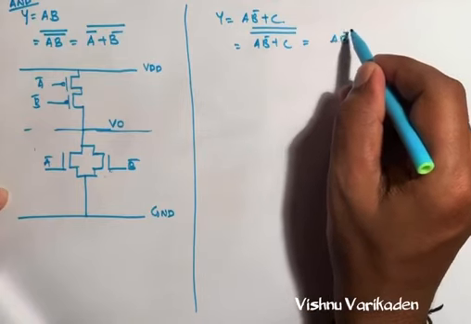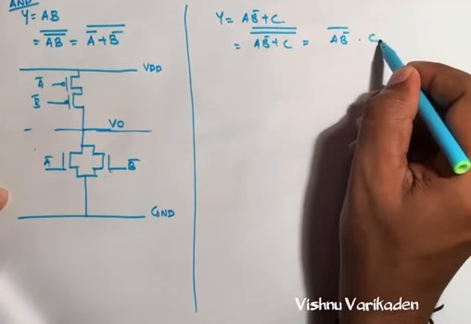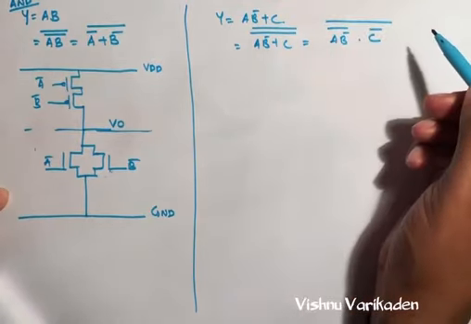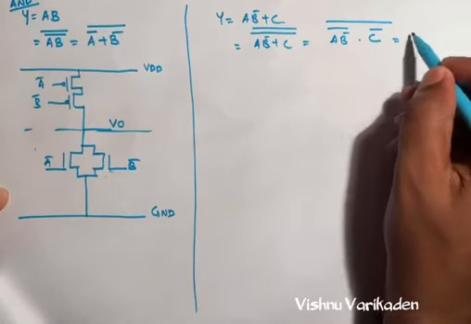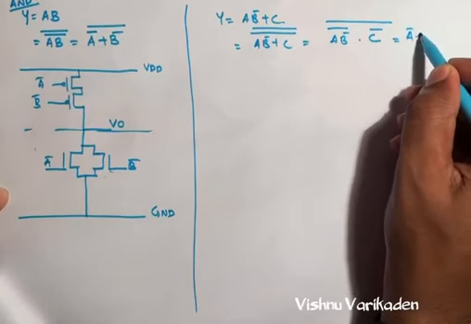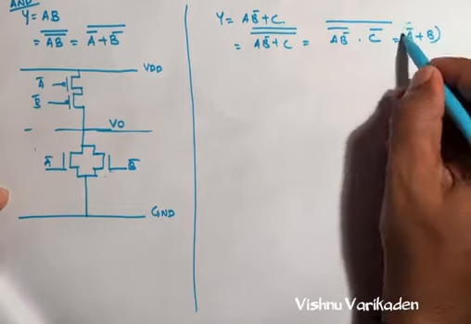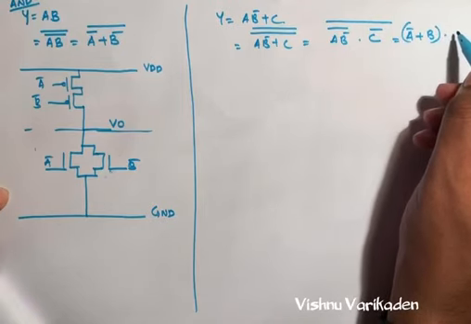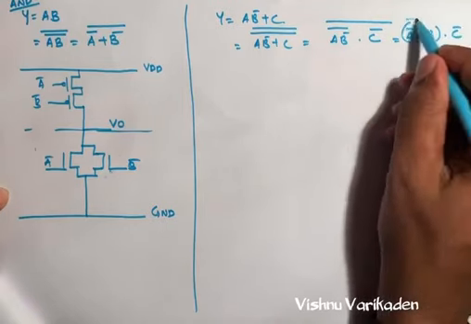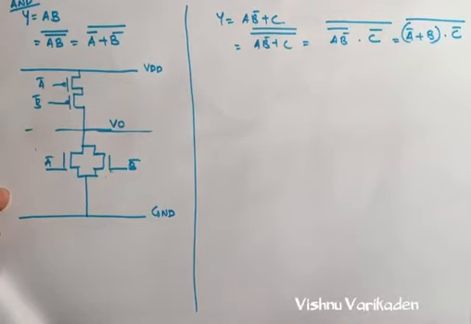So AB bar whole bar into C bar whole bar. So we can further make this one A bar plus B, into C bar, whole bar.